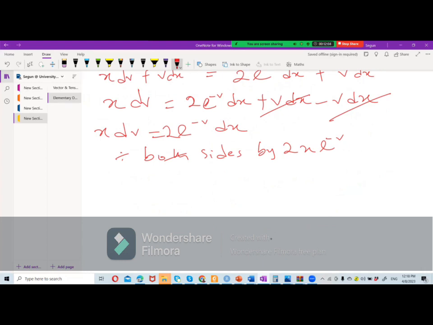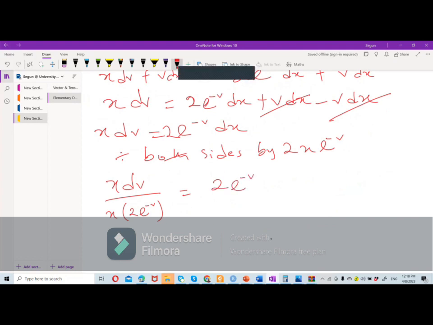So I have x dv over x into 2 exponential minus v equals 2 exponential minus v all over x in bracket 2 exponential minus v dx. So the x will cancel the x, and this one will go with this.